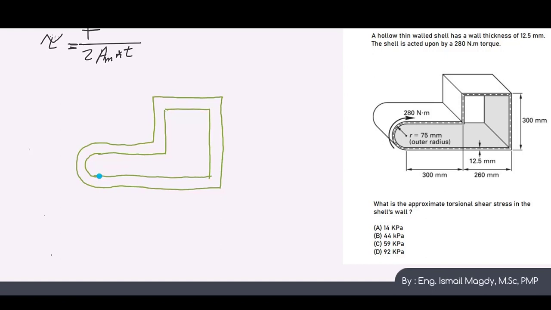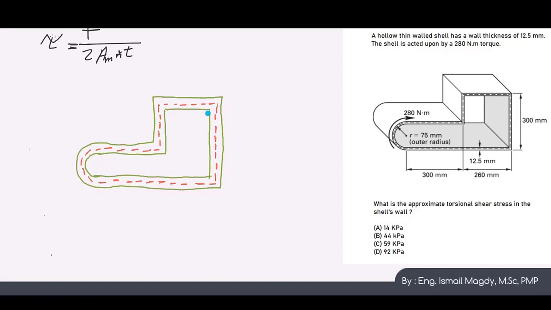We want to calculate the area up to here, which is the center of this wall. I will tell you another trick after we finish the calculations first.